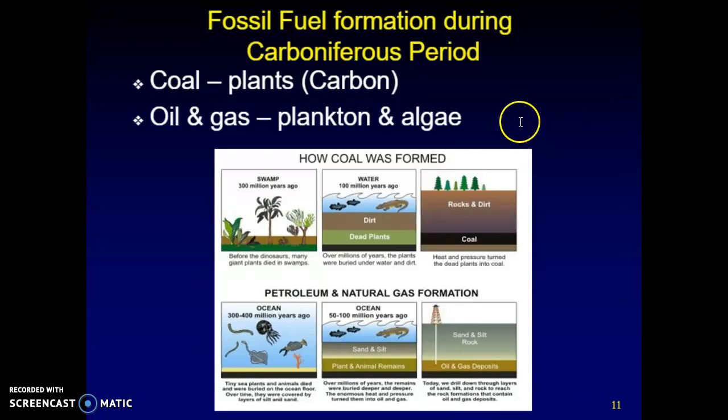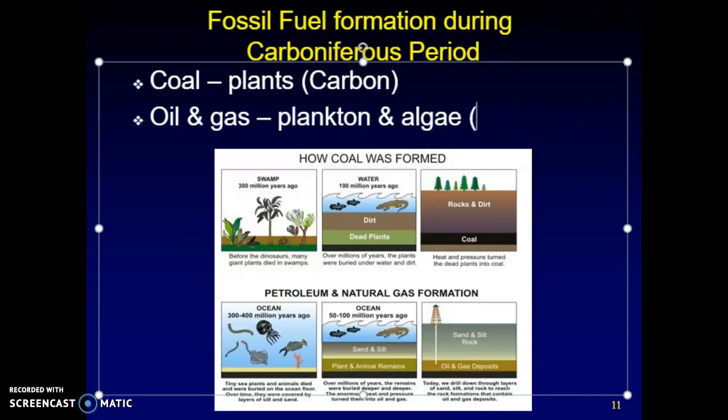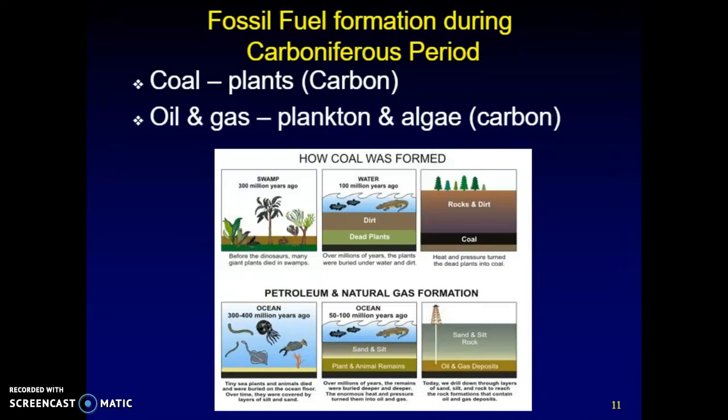Same thing goes for oil and gas. A lot of carbon, because oil and gas is formed originally from living organisms. There used to be plankton living in the ocean hundreds of millions of years ago that died and got compressed. Sand, silt, water, temperature, heat, etc., pressure, and it just builds up, compressing down the organic material, and eventually led to the formation of petroleum and natural gas.